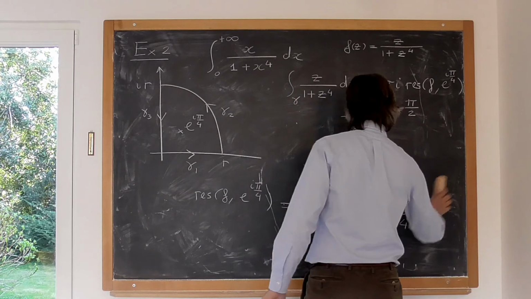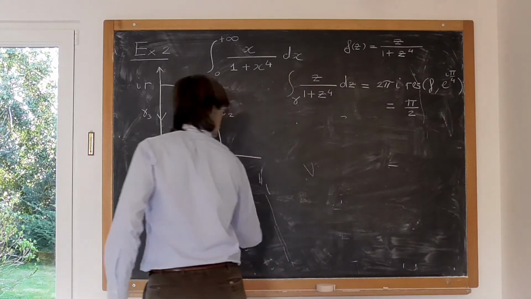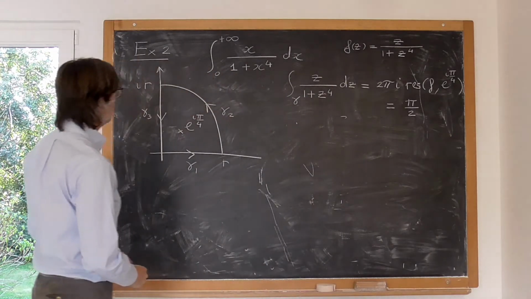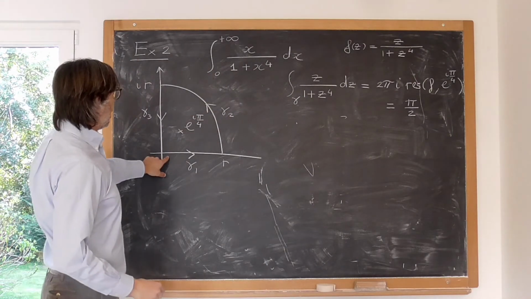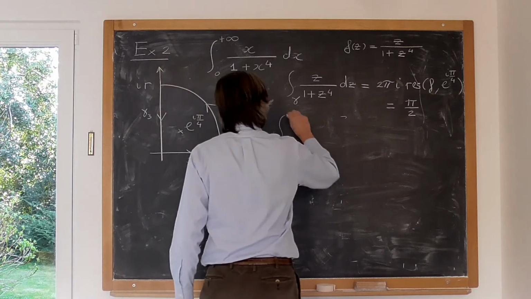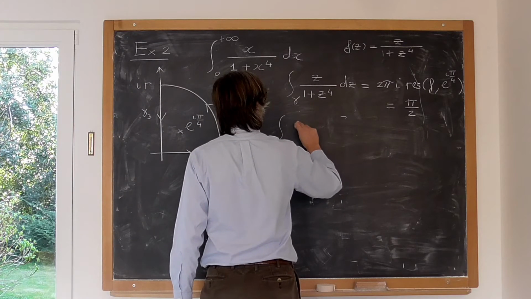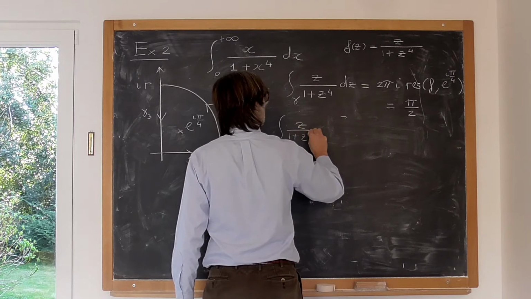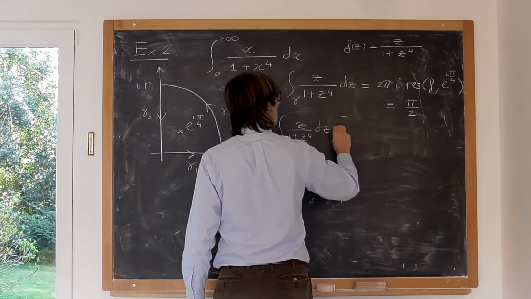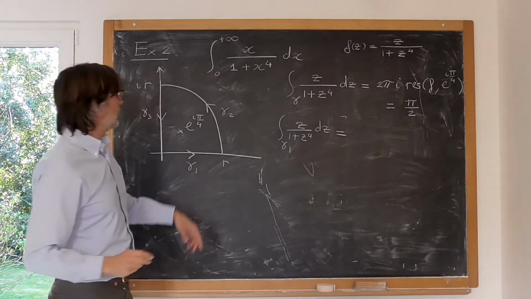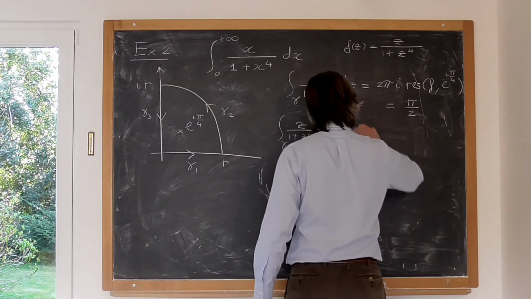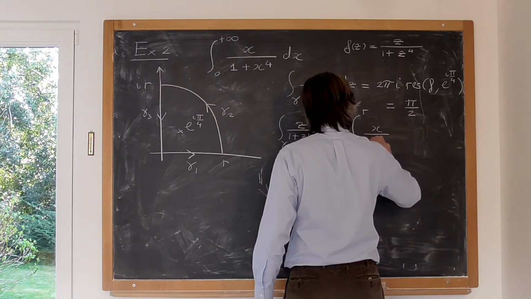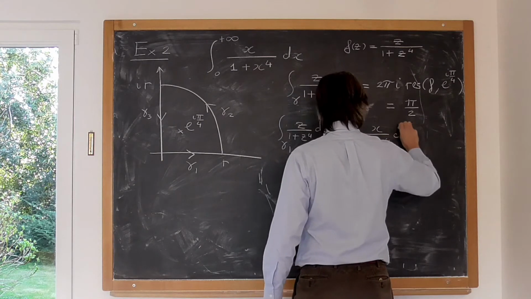And now let's analyze the different pieces. Well, the integral on gamma 1 of our function z over 1 plus z to the 4th dz is just the integral from 0 to R of x over 1 plus x to the 4th dx.